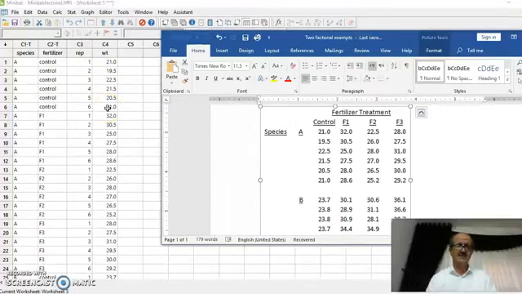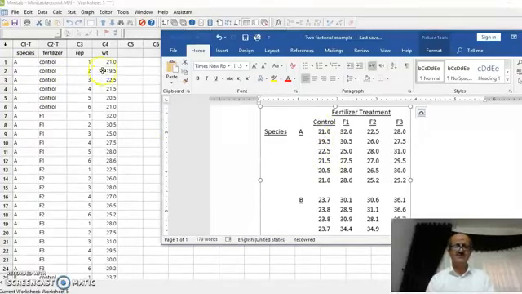which was the weight. For instance, first we entered the A species in the 24 cells. The first treatment was A with the control, which was replicated 6 times, and these are the observations from each replicate.